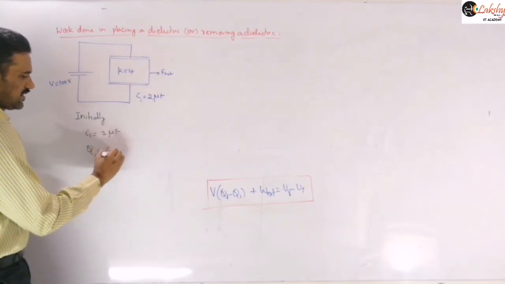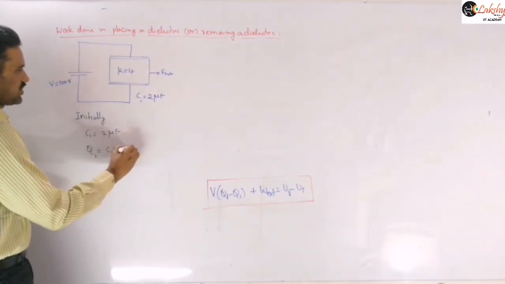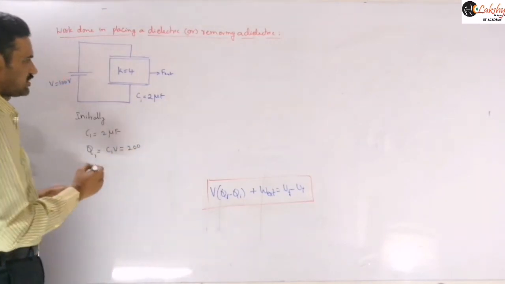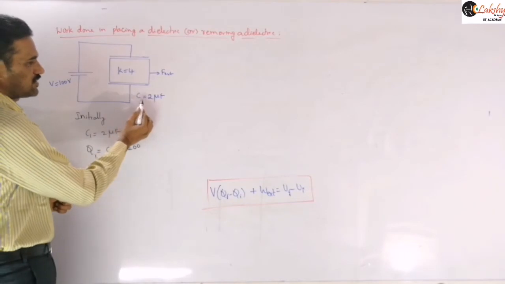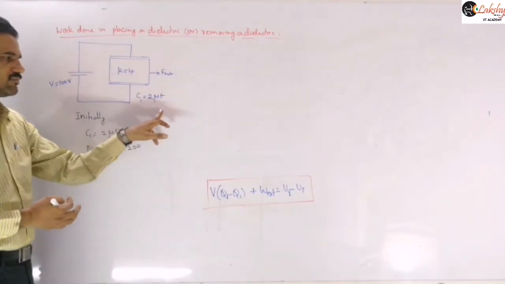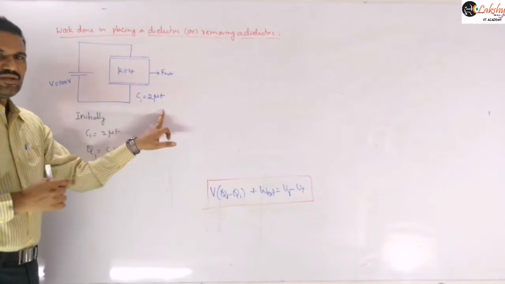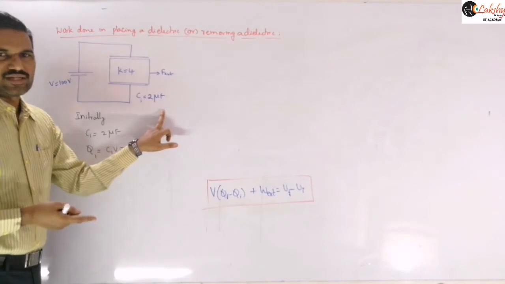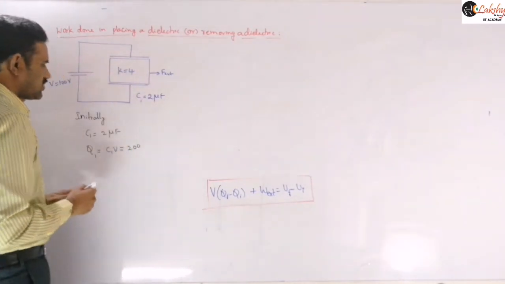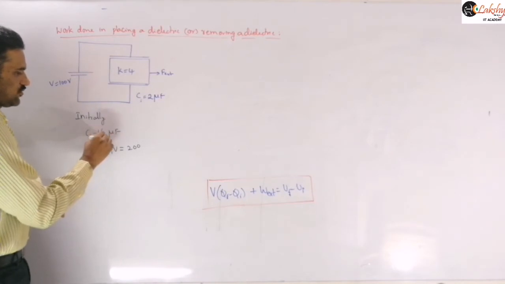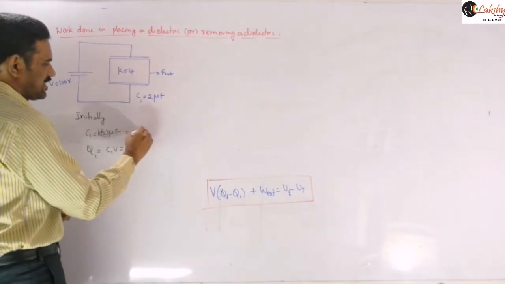This value we can write as C initial into V. Initially the dielectric is present. Mention in brackets that 2 microfarad is the capacitance without dielectric. Here we need to write K times this value, which is 8 microfarad.